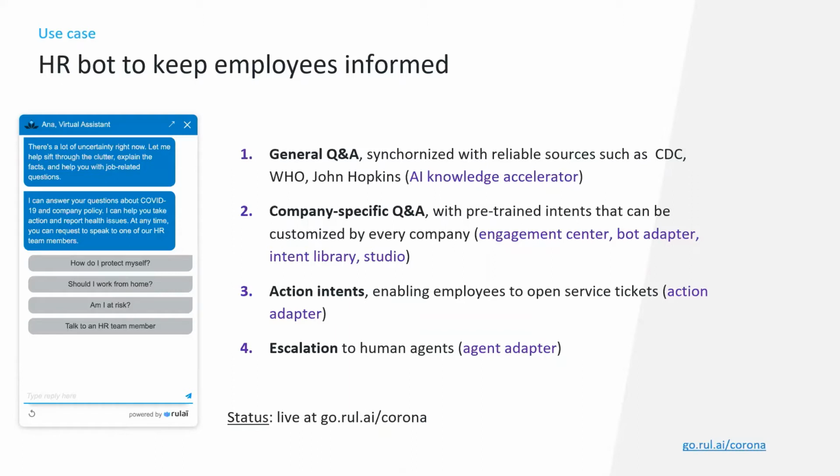And second, it can also effectively communicate a company's policy, give employees an automatic channel to notify the company about any health changes, as well as provide escalation paths to human agents. With the engagement center, the bot can communicate with employees in various channels. This company-specific bot will use adapters to access the first general bot.